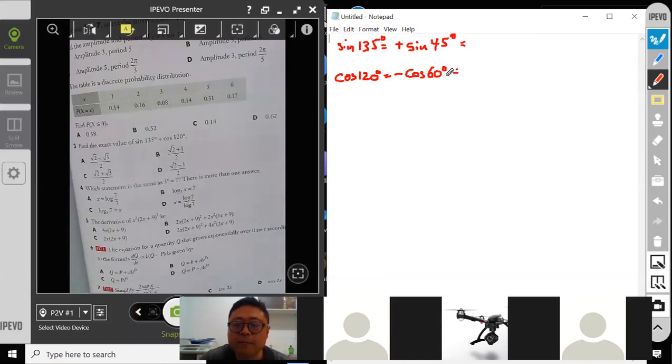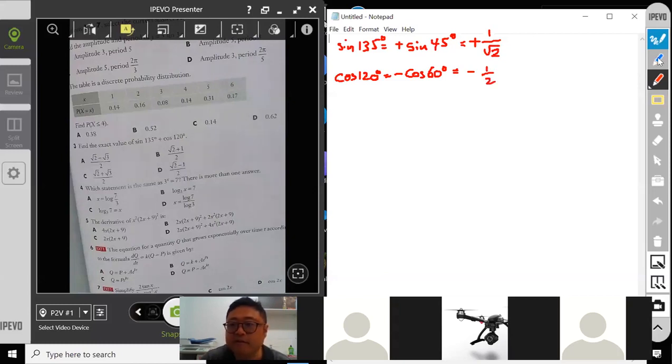Off the top of your head, without looking at your reference sheet, what's sine of 45? That's 1 on root 2. Yep. Cos 60? That one I don't remember. Is that the half? Yes, half.